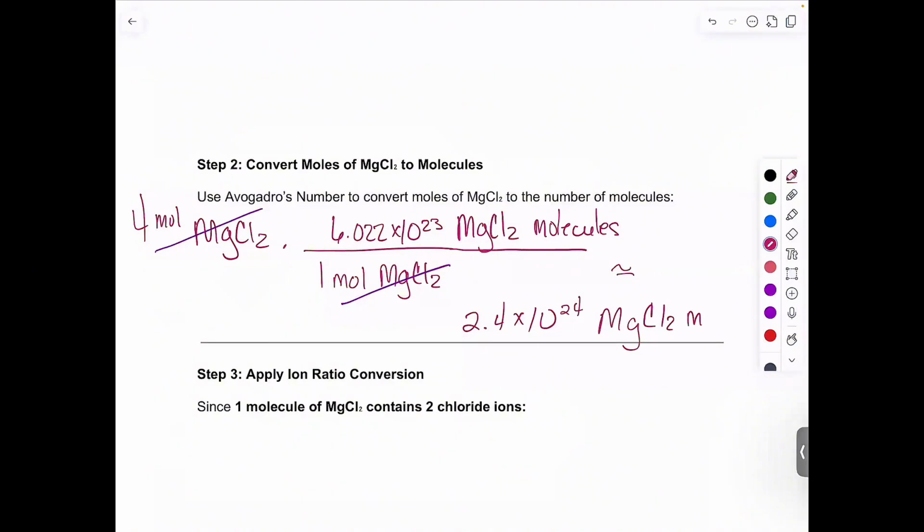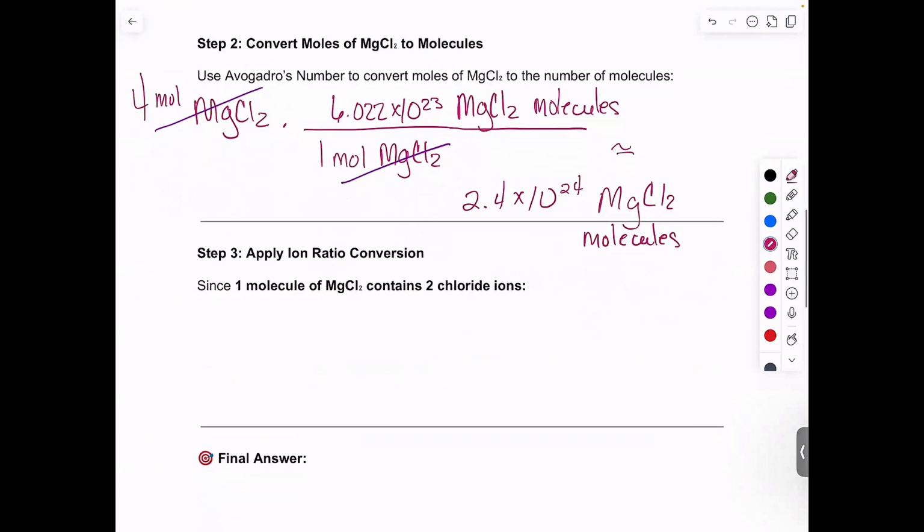And we're not done yet because we only know our number of molecules. We need to break it down further. So we'll move our answer down to the next step. We're going to say 2.4 times 10 to the 24 MgCl2 molecules.